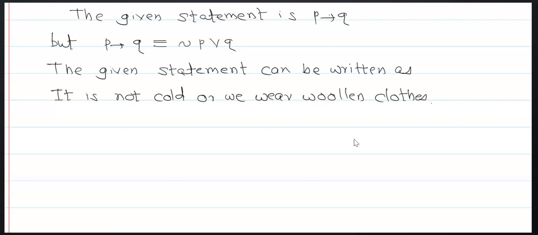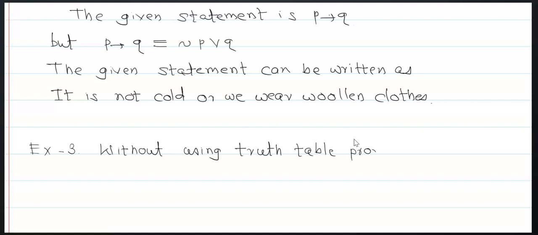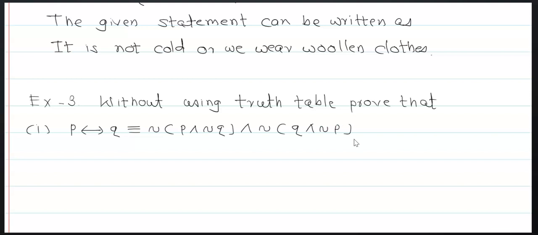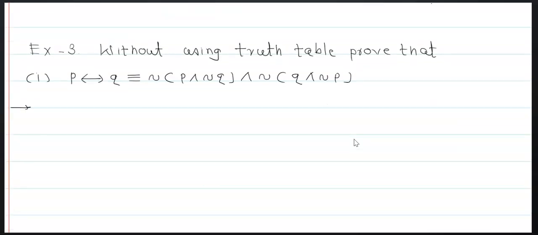Next is question number 3. Without using the truth table, prove that P double implication Q is equivalent to negation of in bracket P and negation Q bracket complete, and negation of in bracket Q and negation of P bracket complete, without using truth table.